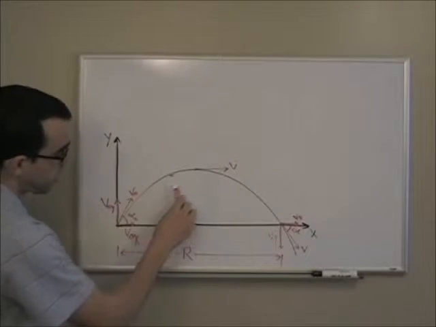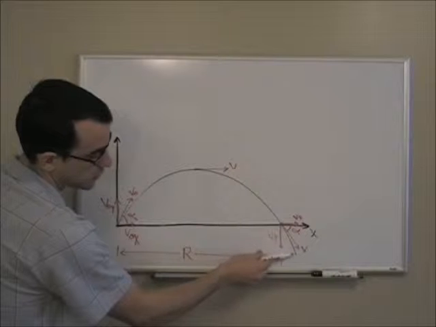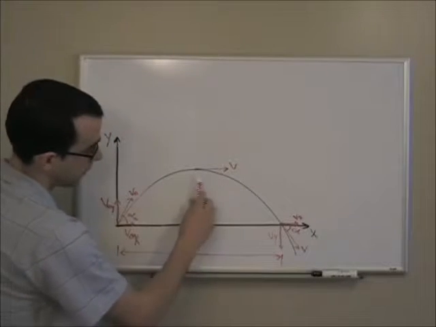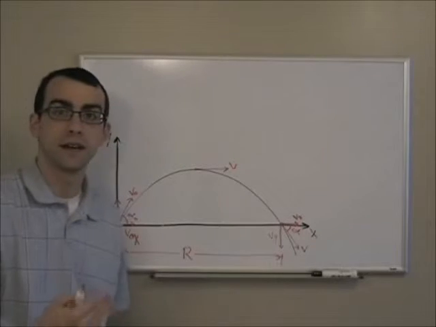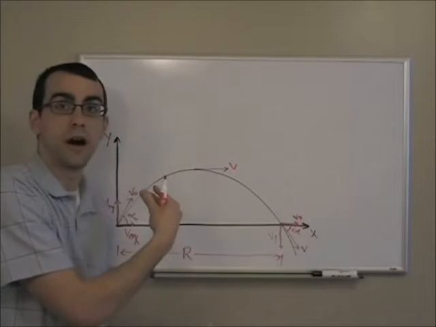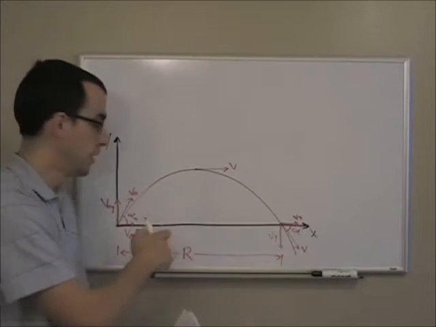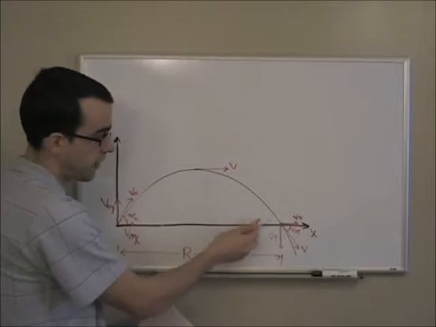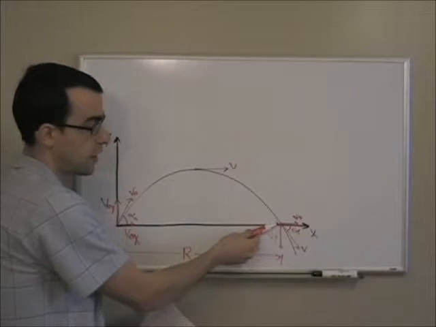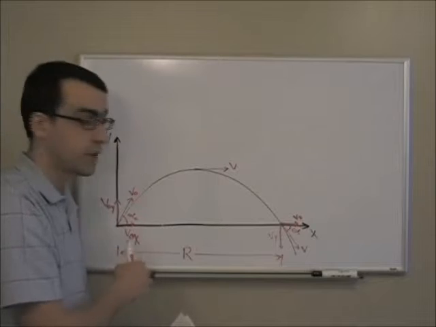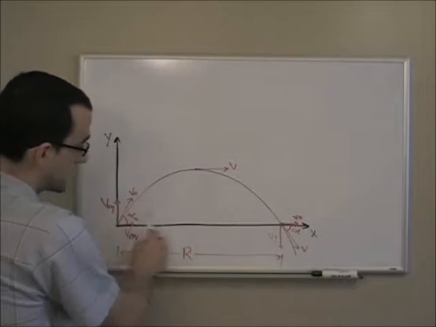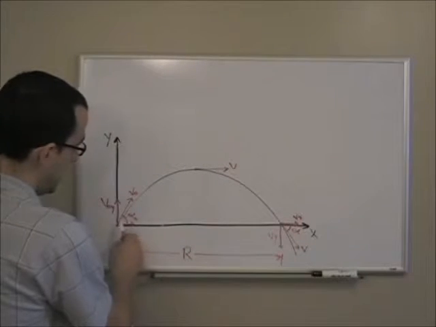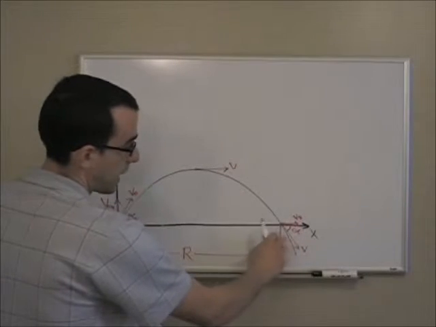Notice that this black path, I kept drawing it past the point where it appears to hit the ground, because some of these problems are going to have projectiles that start off being hit from a cliff, so it doesn't actually stop its motion at the exact same height that it started. And so that's why I've drawn it like this. But the range is how far it has gone before it comes back to its original height.